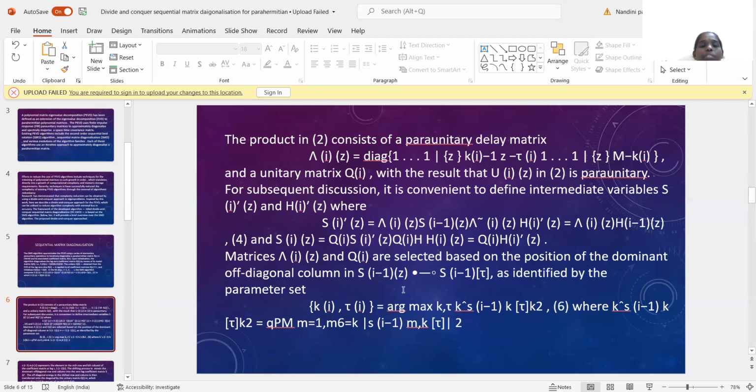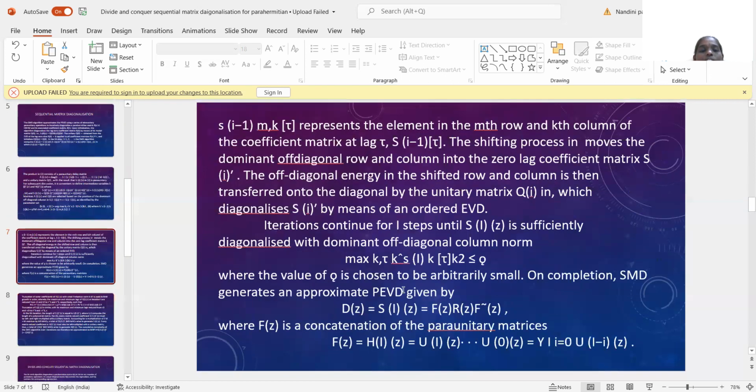For subsequent discussion, it is convenient to define intermediate variables S. S represents the element in the mth row and nth column of the coefficient matrix.